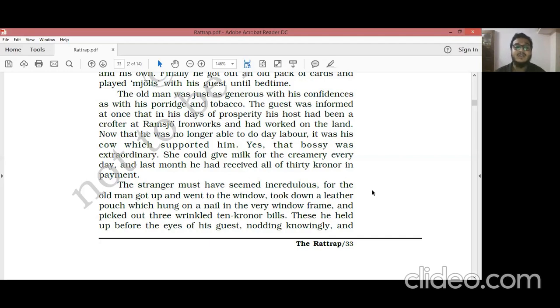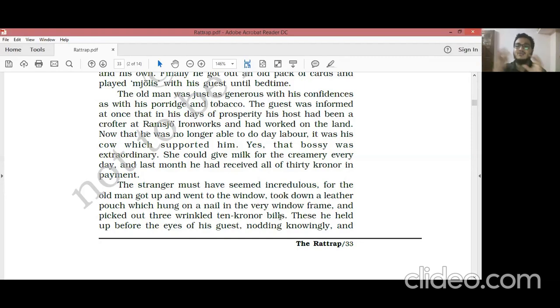Let's see here. For the old man got up and went to the window, took down a leather pouch which hung on a nail in every window frame. See, in our house we have a window, and near the frame there is a nail. In every window frame there is a nail, and he picked out 3 wrinkled 10 kronor bills.